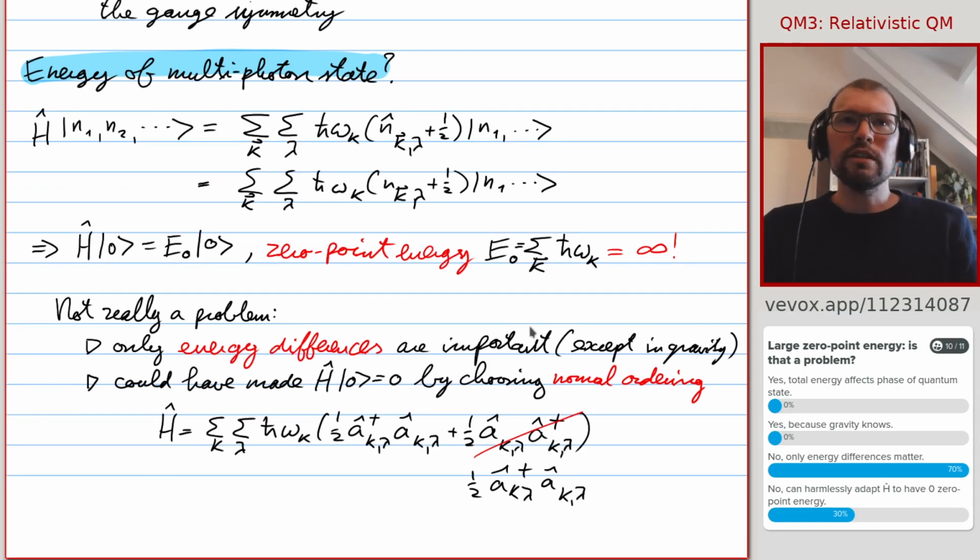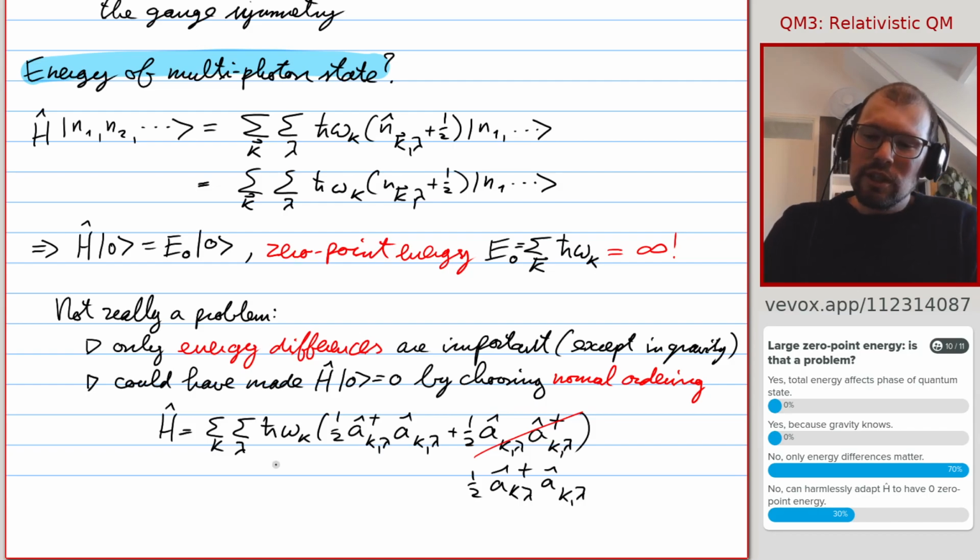So certainly in this case, where we're looking at a free electromagnetic field, we can avoid the 0-point energy by using the slightly different ordering of the operators. Now, this does not solve all problems in quantum field theory, because as soon as you start looking at interactions with other quantum fields, then these interactions can easily turn on again one of these infinite 0-point energies.